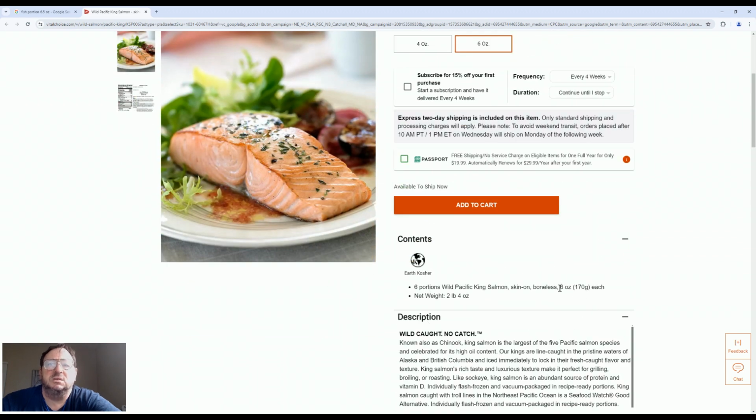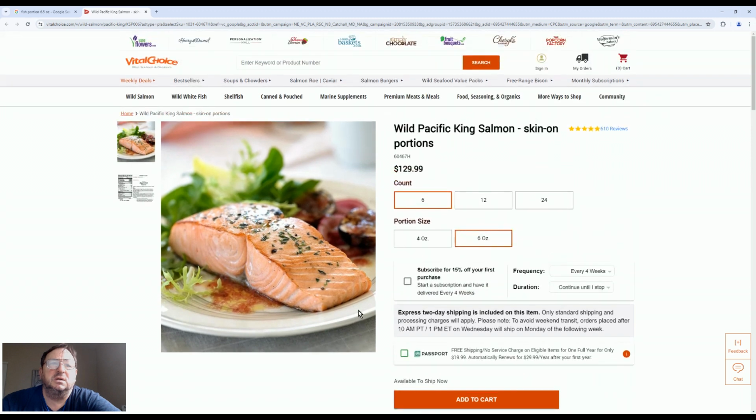6 ounces. So basically, like I said before, based on my research actually, people eat too much meat and not enough veggies, and not enough fruits, and not enough cheese, and not enough other vitamins. So you basically need to eat less meat.